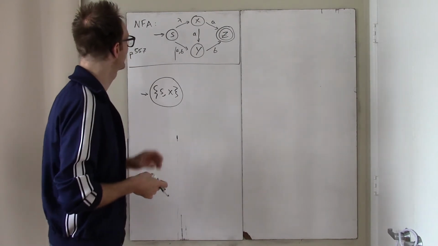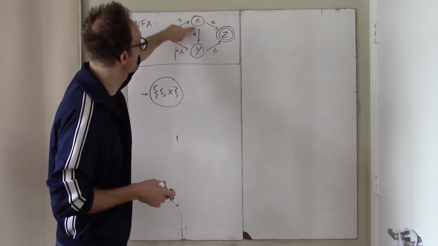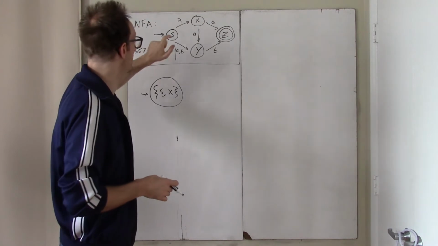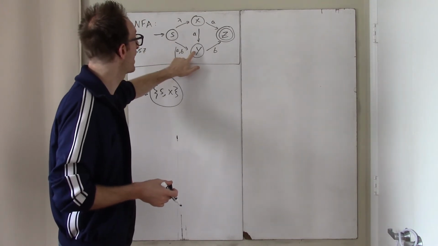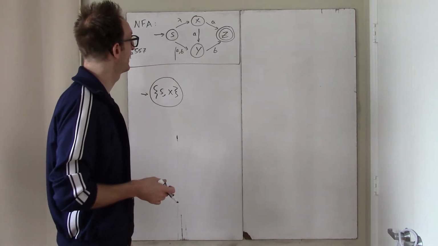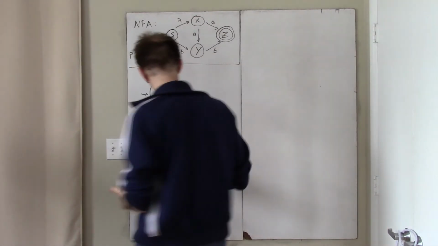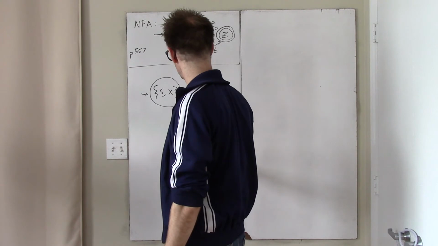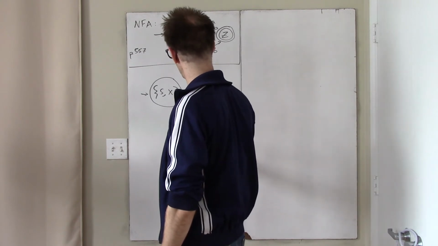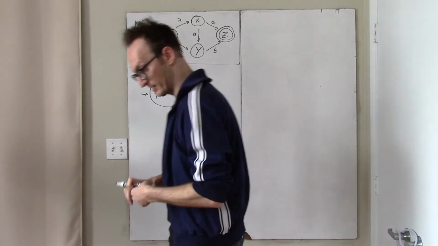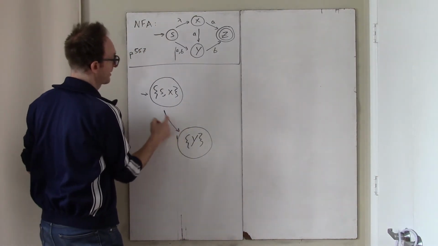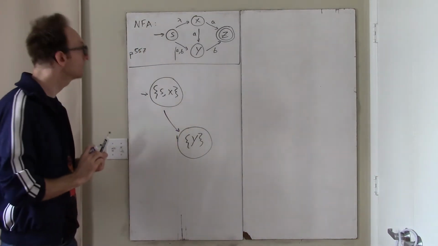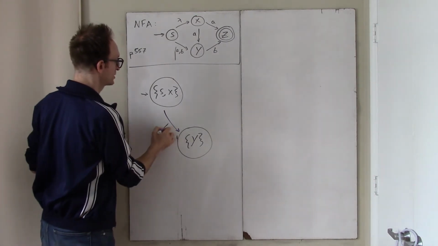Let's do B first. If I'm in X and I read a B, there's no rule, so I don't go anywhere. But if I'm in S and I read a B, I go to Y. So I need a Y state, which I'll just throw down here, and I will add a rule that says if we are in S and X and we read a B, we should go to Y.